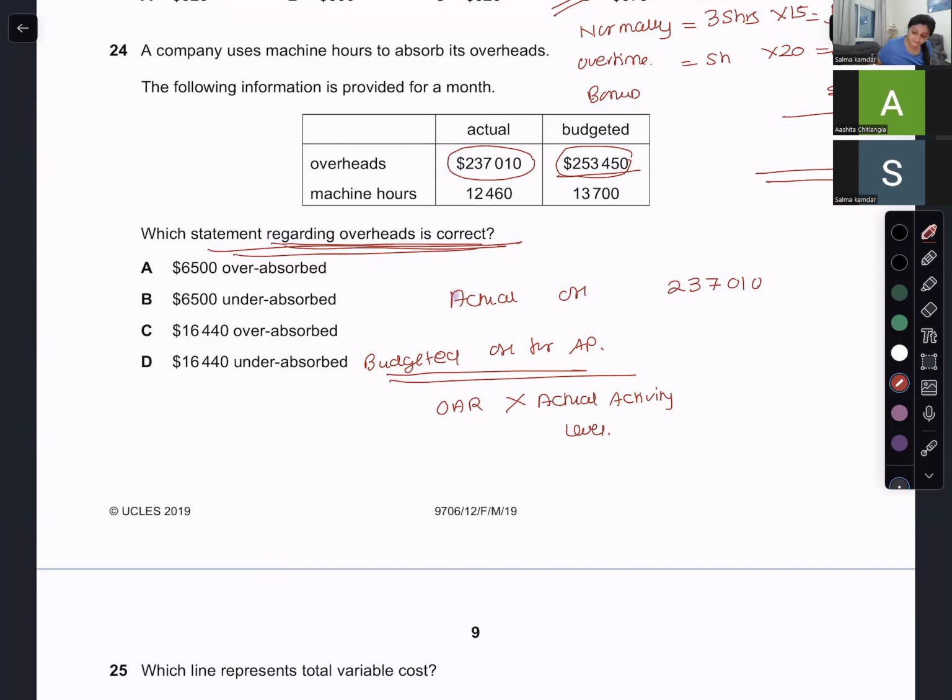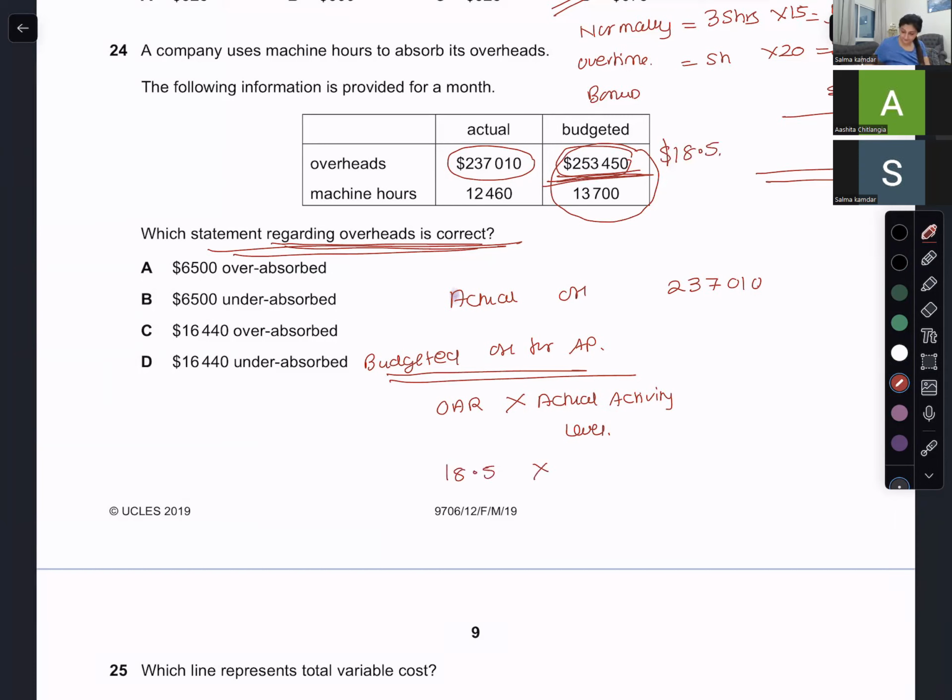You have to do budgeted overheads upon budgeted activity level. So what is the OAR? I'll tell you. $18.5.